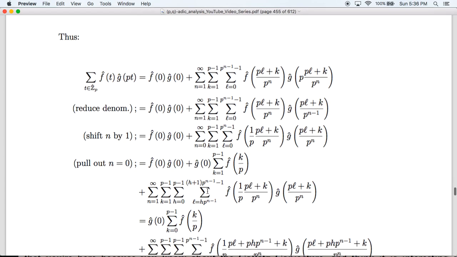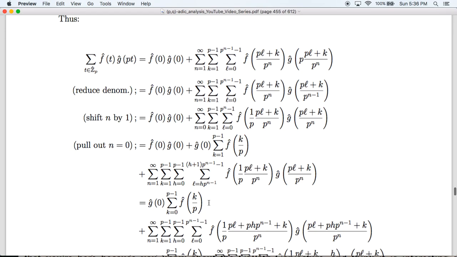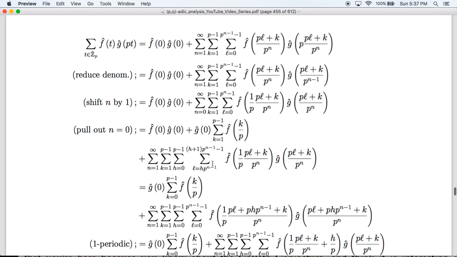The reason why we're doing this is because this function right here, g hat, if we increase L by p to the n minus 1, that's going to be the same thing as increasing this numerator by p to the n. And since g hat is periodic mod 1, that's going to then leave g hat unchanged. So we're splitting the L sum here into the sums of the level sets over which g hat is constant.